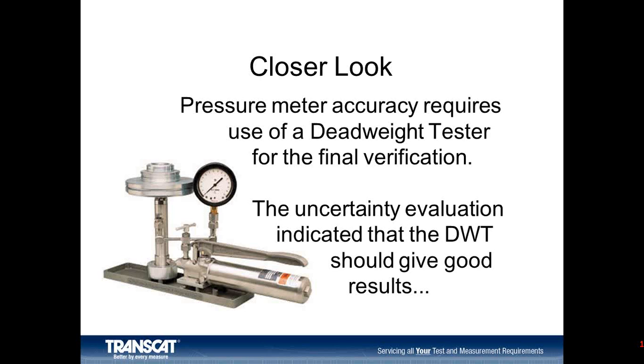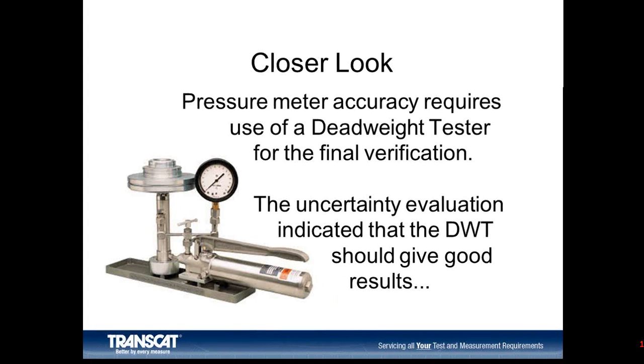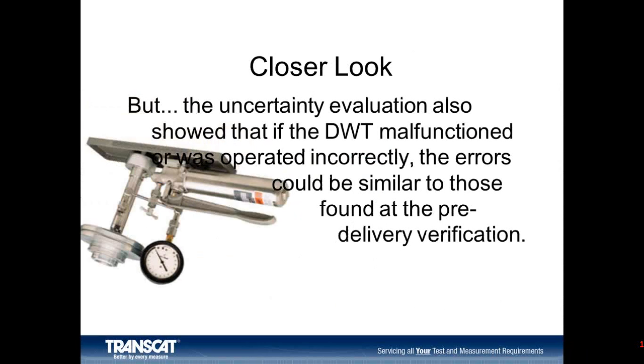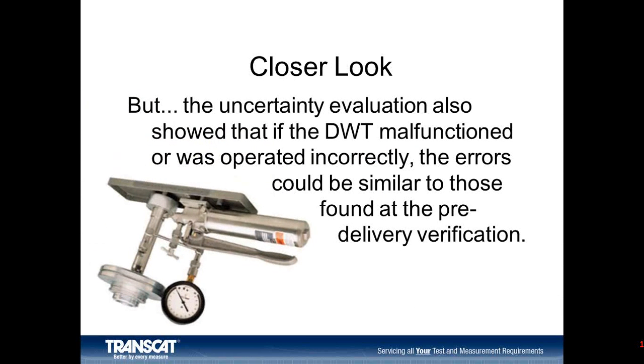And evaluation of the uncertainty of this deadweight tester and the application indicated that the deadweight tester should give good results, but the uncertainty evaluation also showed that if the deadweight tester was malfunctioning or was operated incorrectly, the errors could be similar to those found during the pre-delivery verification.